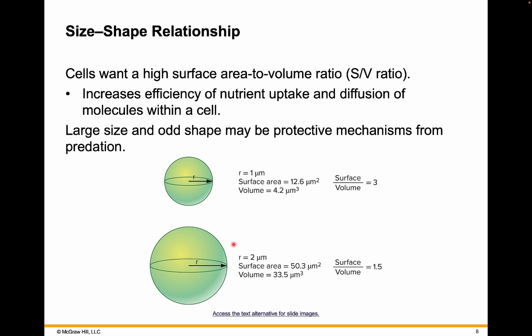So this does have a disadvantage, because you want a high surface to volume ratio, which increases the efficiency of nutrient uptake and diffusion of molecules. But sometimes, like Epulopiscium fishelsoni, the odd shape may be a protective mechanism from predation as well. And we have seen that some of these large bacteria have convoluted membranes to increase their surface area of absorption for nutrient exchange.